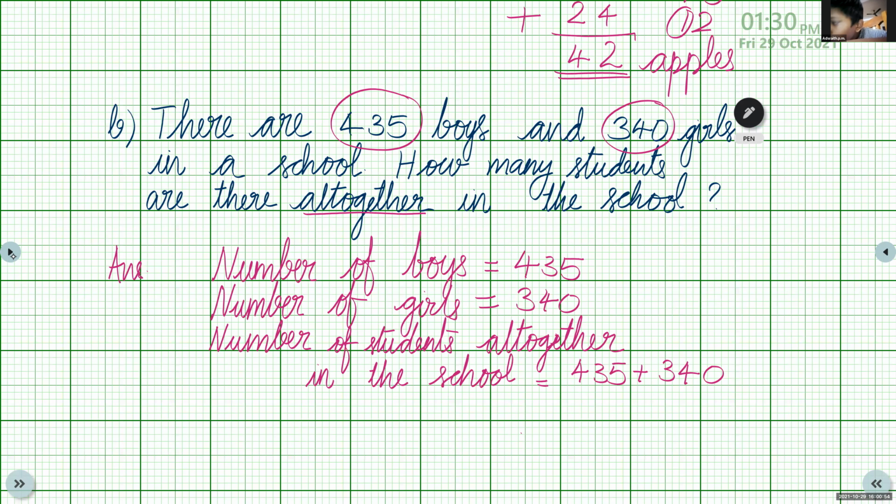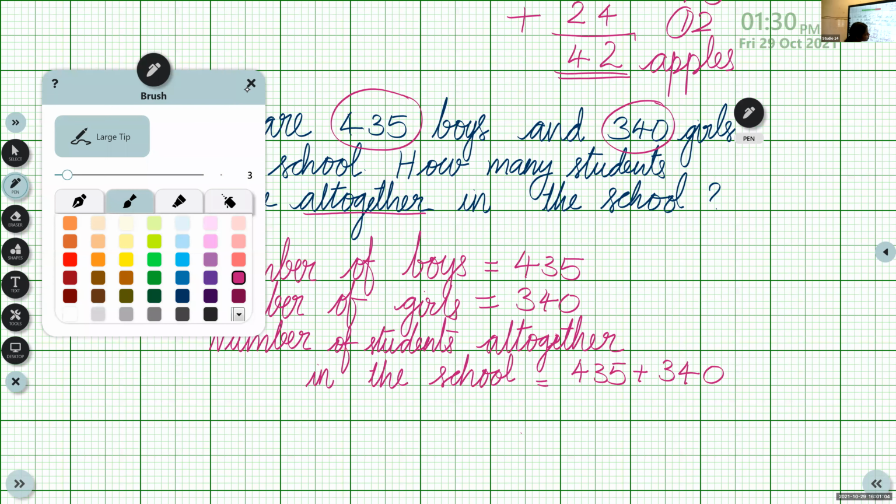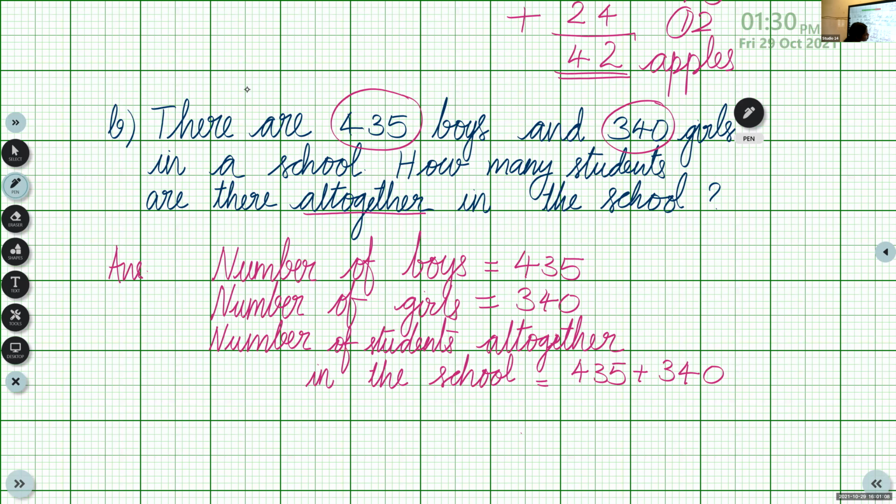How many places are there for a 3-digit number? There are 3 places. Which are the places? Hundreds, tens, and ones. So we can write the numbers one by one.